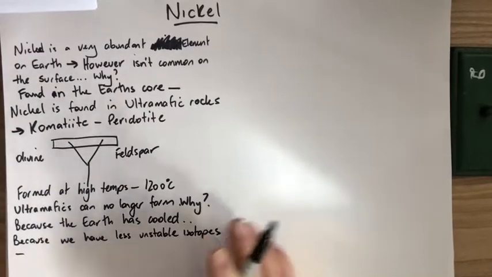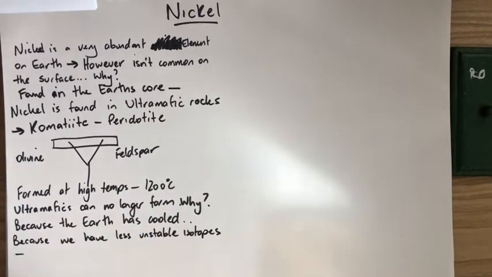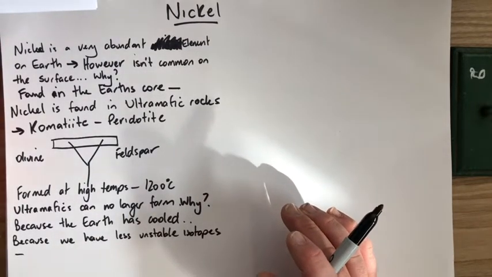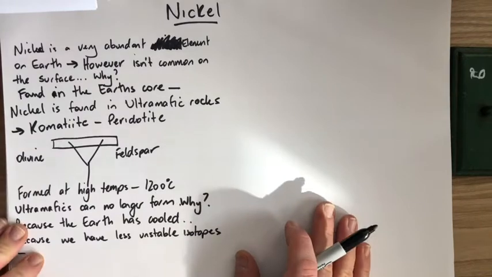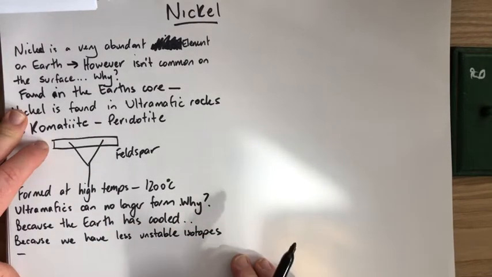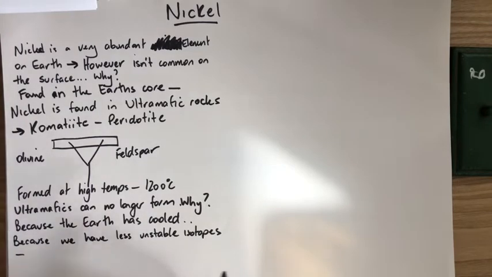There's an opportunity for a little bit of reading on that, if you're able to, guys. Have a look at some examples of radioactive isotopes, what causes radioactivity, and talk about the parent and the daughter isotopes that come about from that. Okay, so we have less unstable isotopes which are not decaying and creating heat.